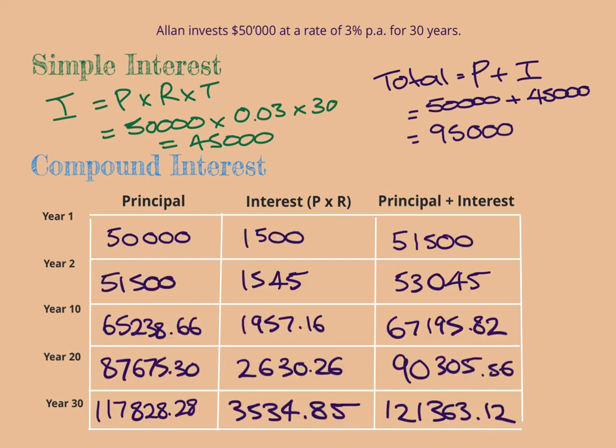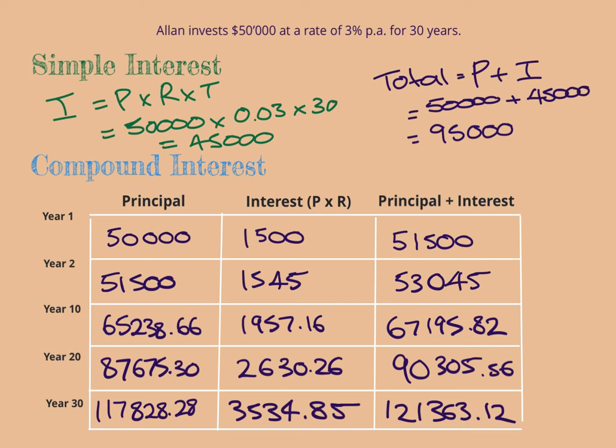So with the compound interest, Alan would end up with $121,363.12 at the end of his 30 years, because every year the amount of interest that he's earning gets bigger because the principal gets bigger, because the principal gets added with the interest at the end of each year.